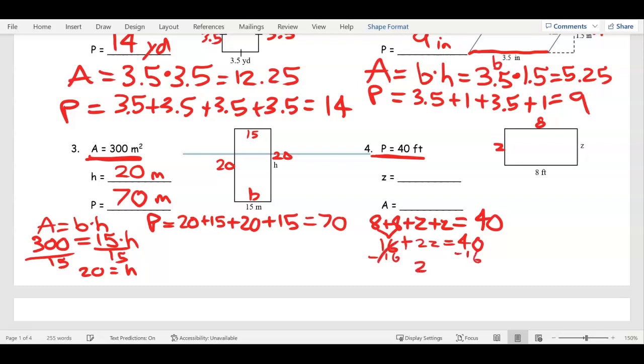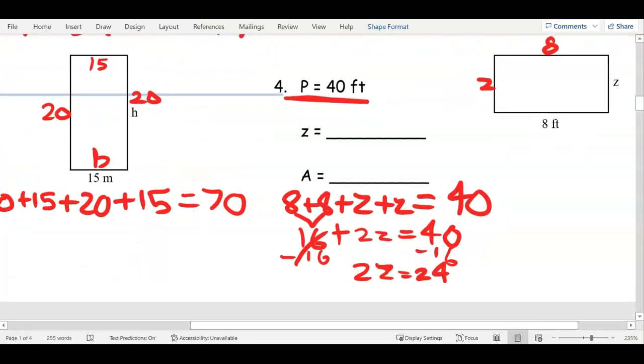Now, some of y'all are thinking algebraically without writing it down, which is great. So you subtracted 16 first in your head, and then you thought, how do I get rid of that 2? Divide. Some of y'all are able to do this mentally, which is perfect. I'm just showing all my steps.